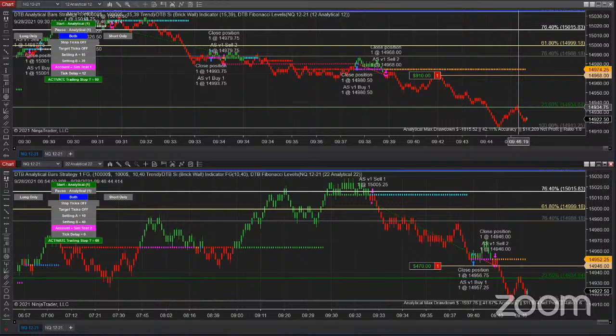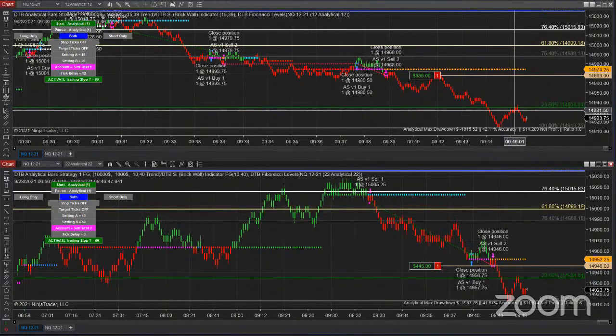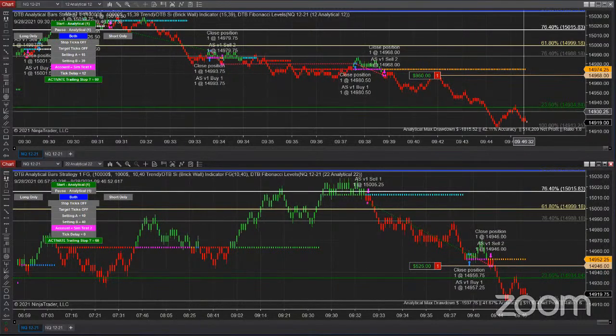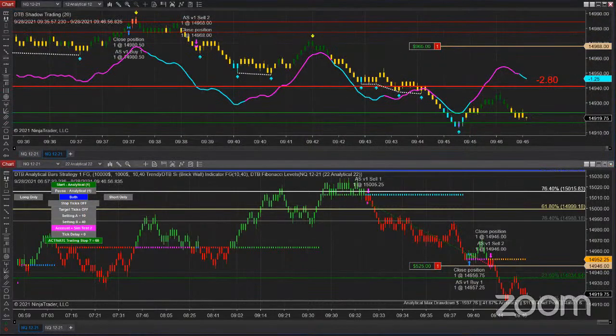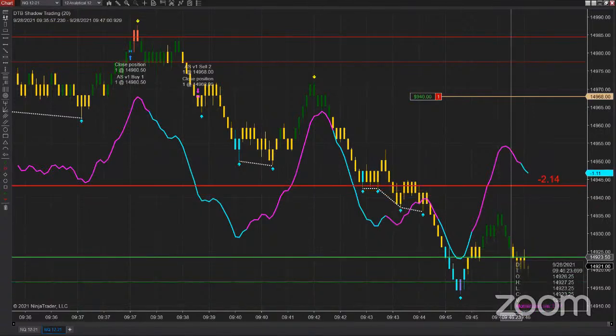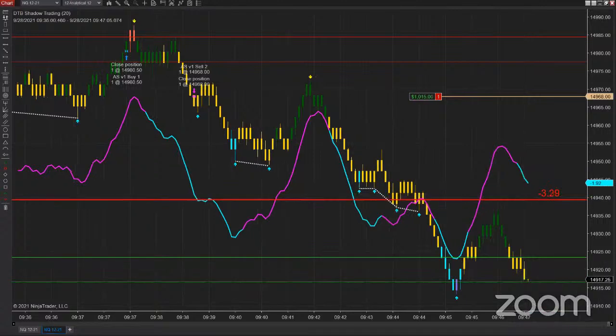Those are the trades that have the highest probability because they're just coming back to take out some stops. That's all they're basically doing. They know they're going to pull this price down. And in fact, the shadow trading is also going to give you a good idea of what the price is doing. Look at that momentum line facing down.